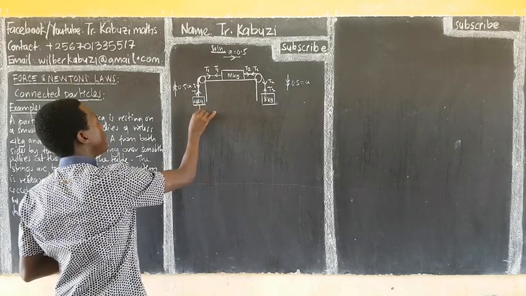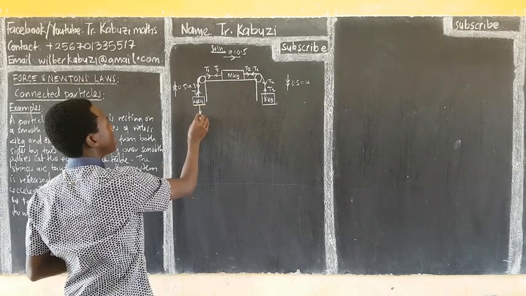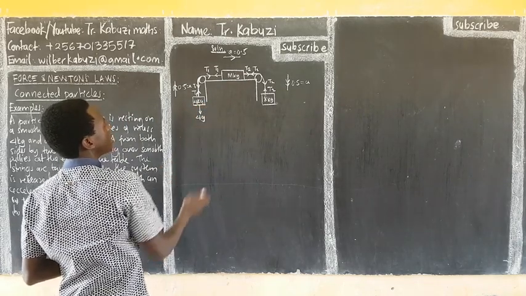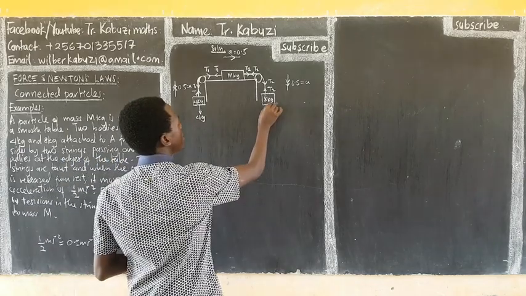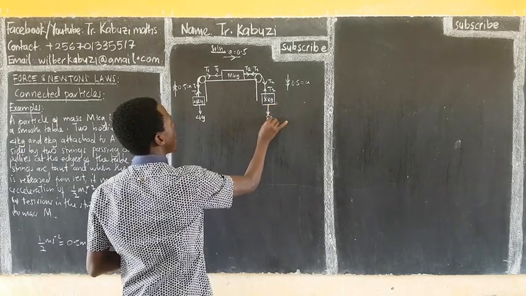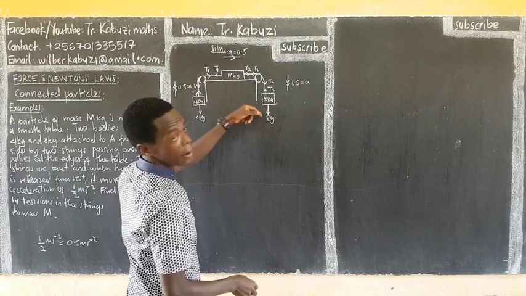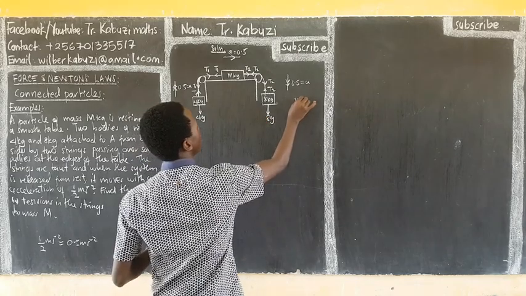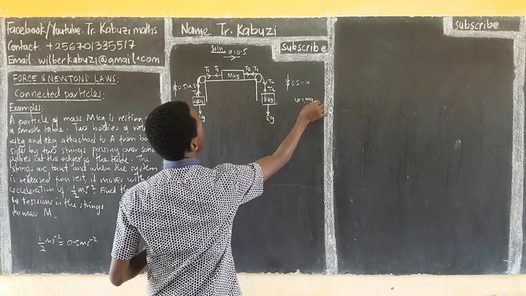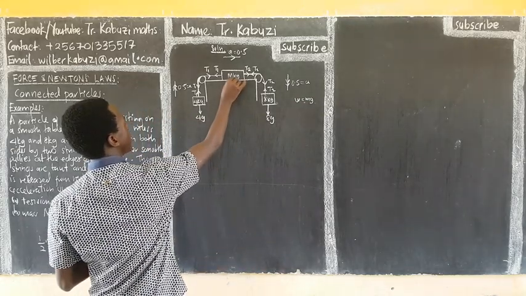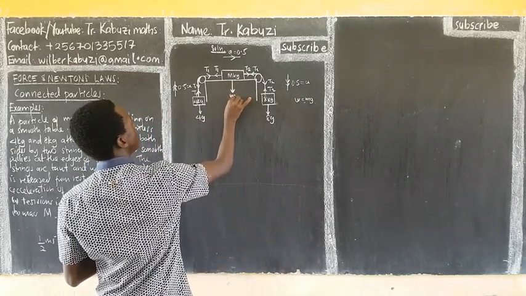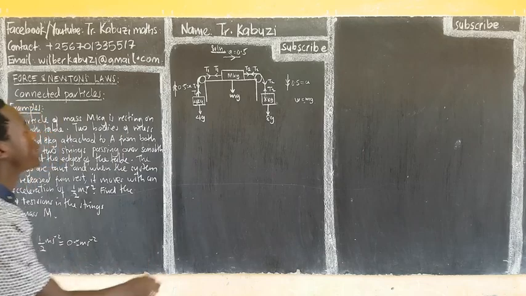Because this has mass, we expect a weight, which is the mass times gravity. Then this one is going to be 8 times gravity. That's how we get the weight, because weight is equal to mass times g. So this one is going to have a weight of mg, as simple as that.